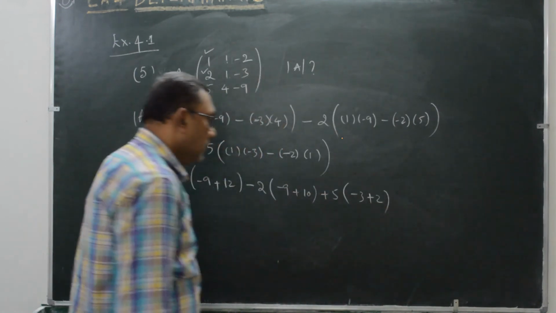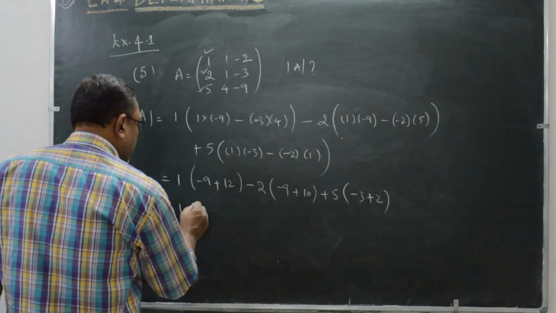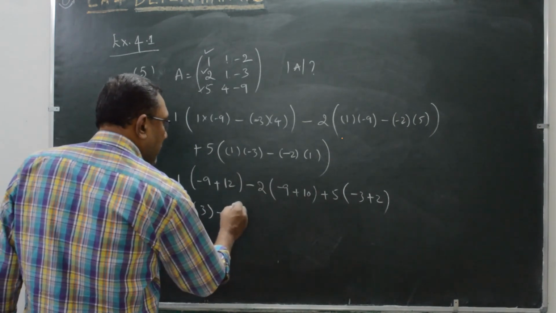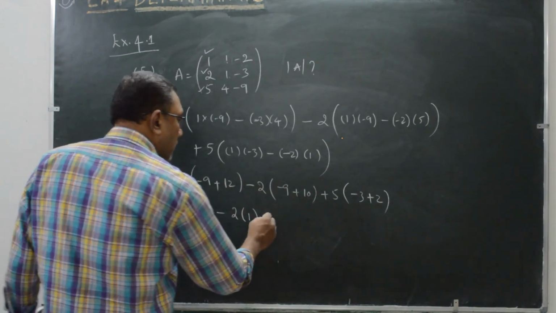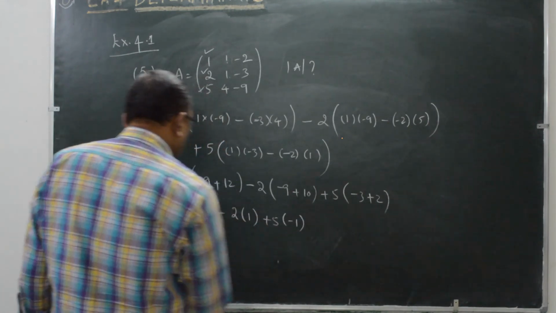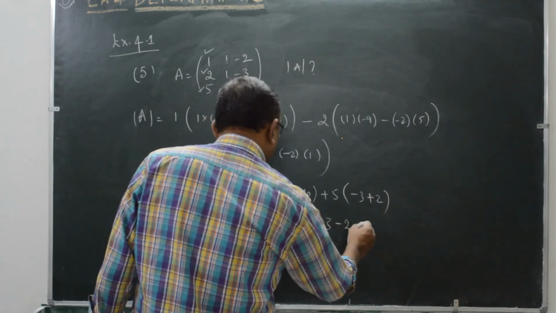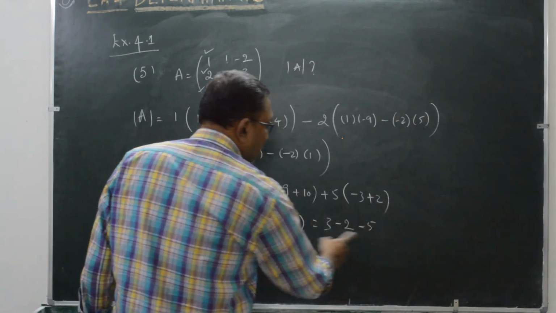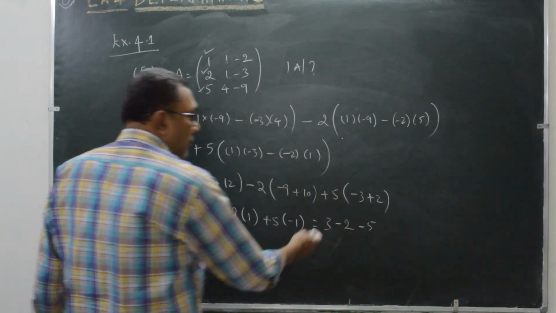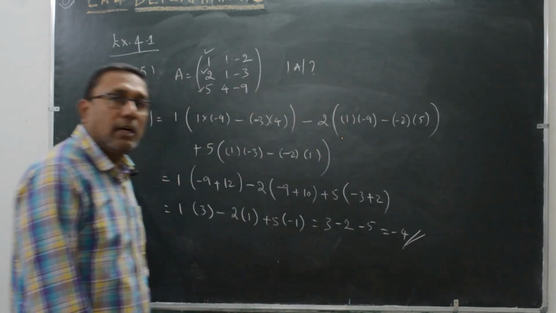So what we are left with is 1 minus 2, this is 3, minus 2 into 1 plus 5 into minus 1. Therefore, this is equal to 3 minus 2 minus 5. So, if you subtract from minus 7, this will be minus 4. So the answer is minus 4.